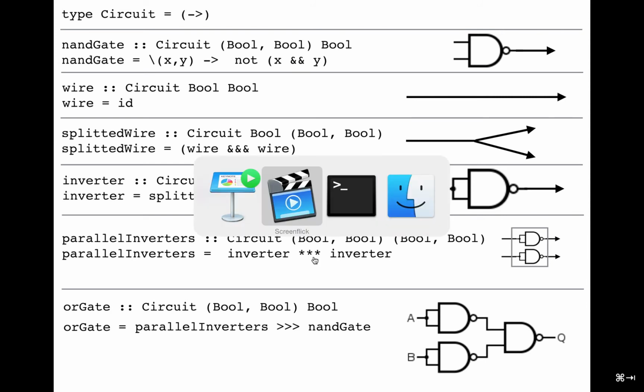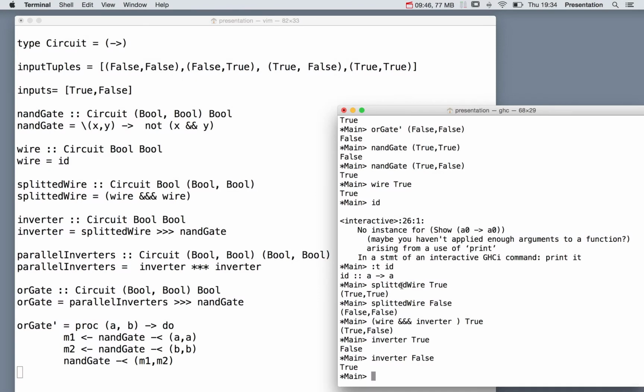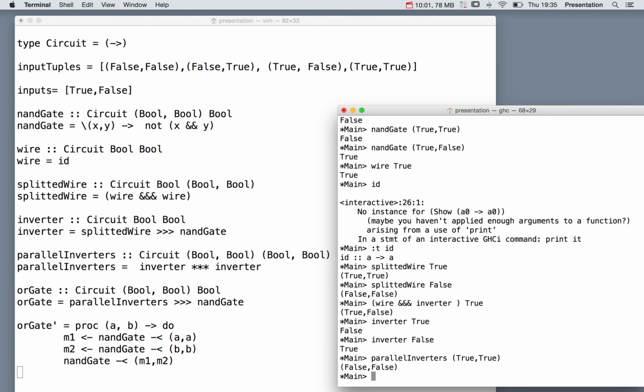So let's see what this does. So parallel inverters is doing just an independent inverting of the inputs. So basically they are just happening at the same time.